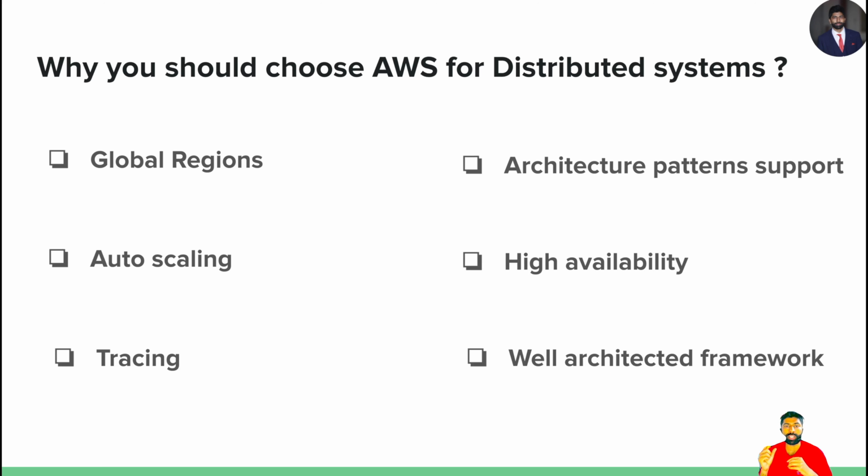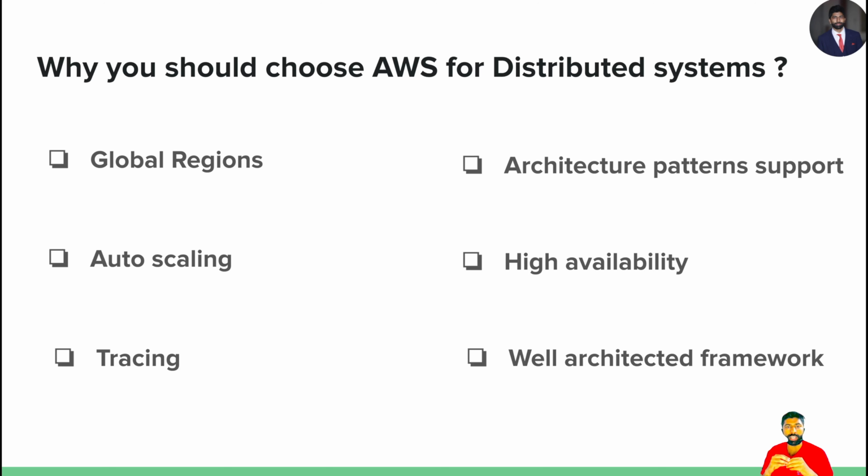Tracing is very important in distributed systems because the communication happens across locations, and it becomes hard to trace the requests and the responses. AWS provides a service called X-Ray, which can help find out and build those traces very easily and in an efficient manner.